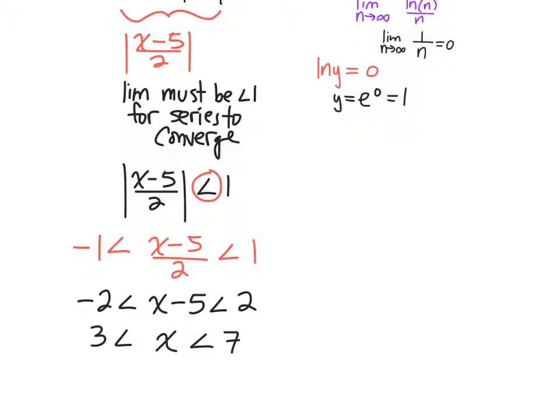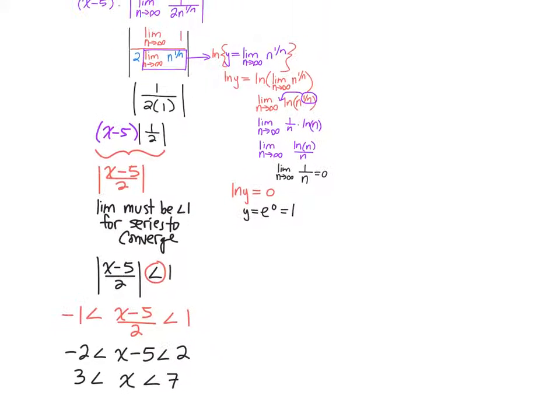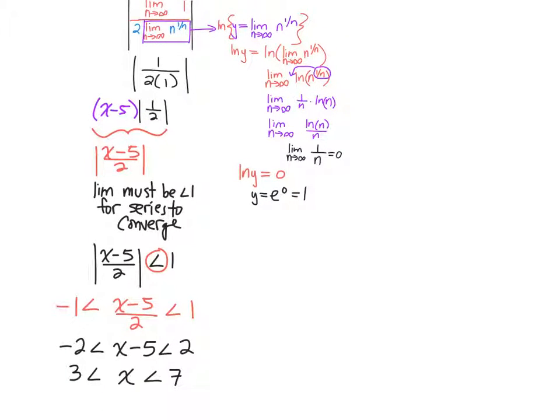But from this, I can get a sense of what the interval is. I know that if I'm more than 3 but less than 7, I'm in pretty good shape. If I were to graph the original function, if it were ever given to us, and then also graph the series that was given to us, on the interval of 3 to 7, there should be convergence. They should look the same. As you move out of that interval, they should start deviating from each other significantly.